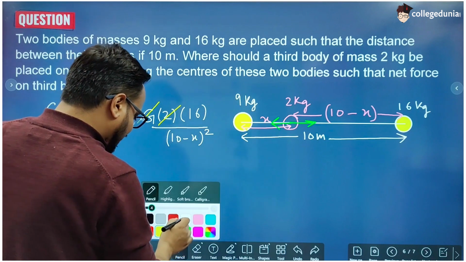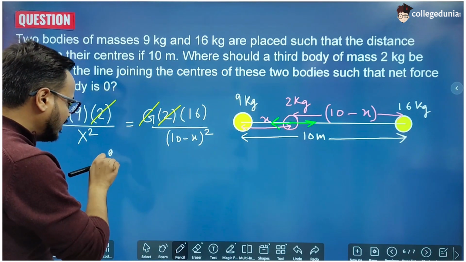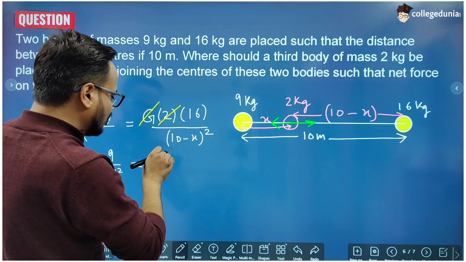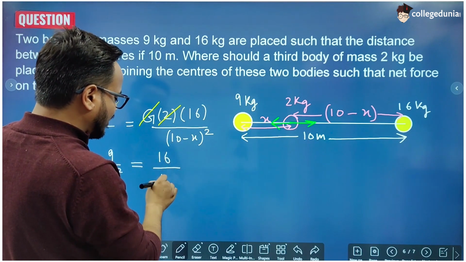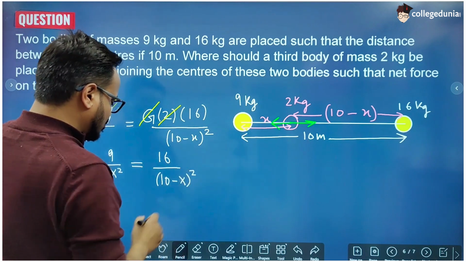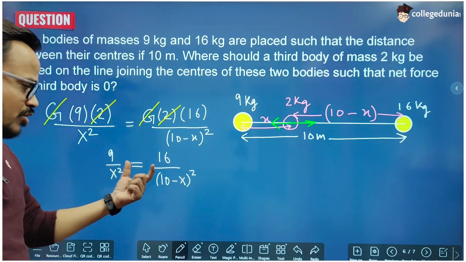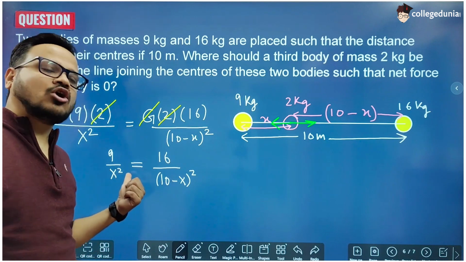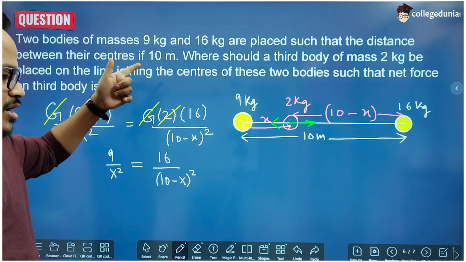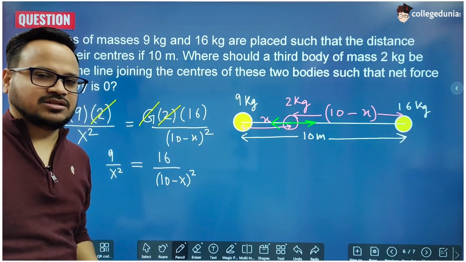So we are left with 9 divided by x square equal to 16 divided by (10 minus x) square. You can expand this and cross multiply, and a quadratic equation will be formed, and using that you can find the value of x.